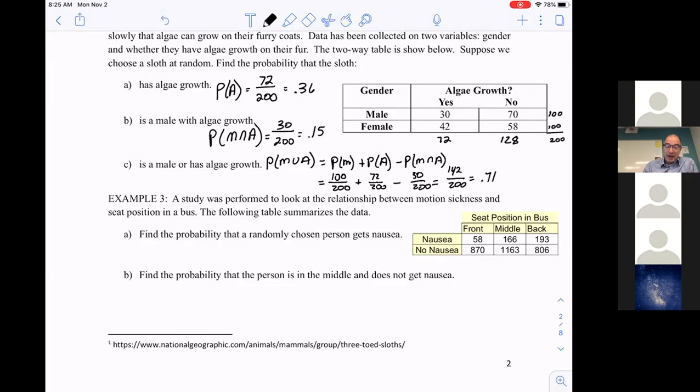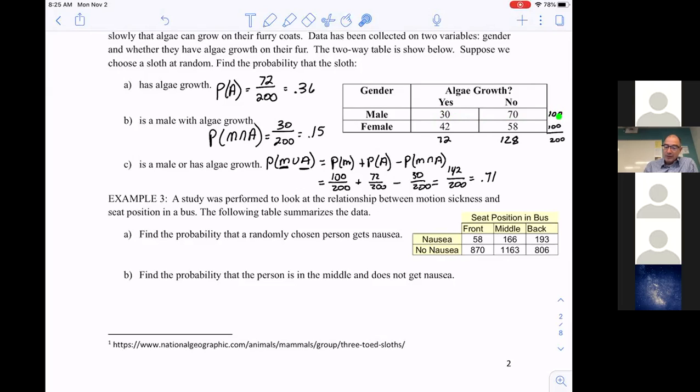In reality, I'm probably not doing that. I want the notation on my test, but if I'm taking the exam, I'm looking at it this way. I need two things: males and algae. I'm taking this row right here, I have 100 males.